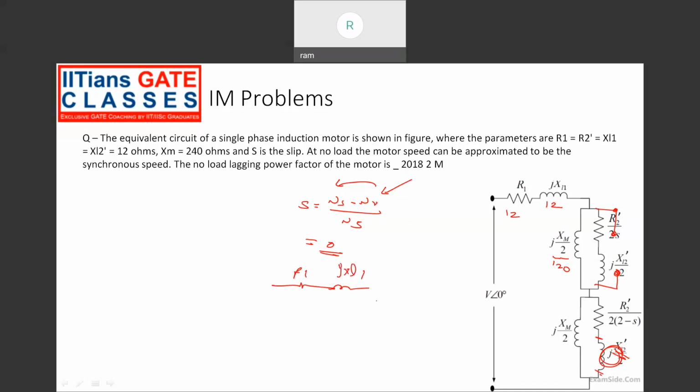JXL1, now JXM by 2, now short circuit, XM by 2, by 4.